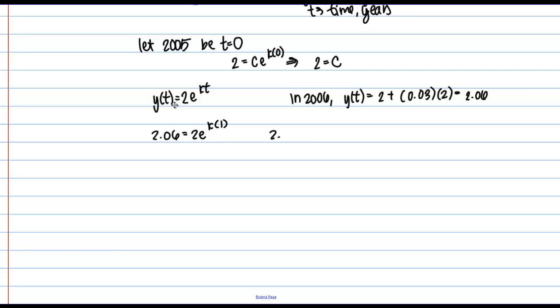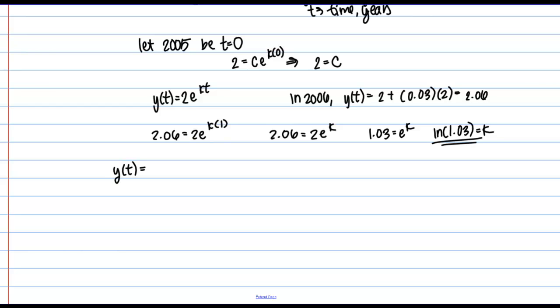So I'm going to plug in 1 for time. So then I end up with 2.06 equals 2 times e to the k. So I'm going to divide both sides by 2. And that's going to give me 1.03 equals e to the k. So if I solve for k, I'm going to get the natural log of 1.03. So now I can finish filling in my equation.